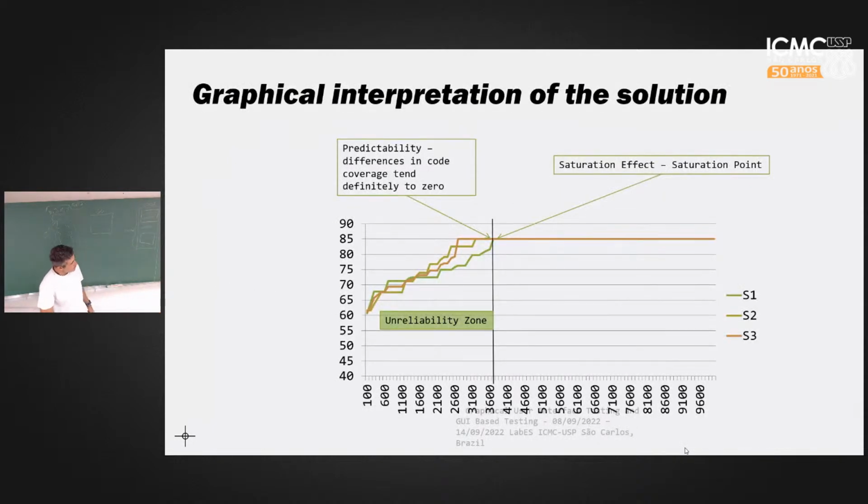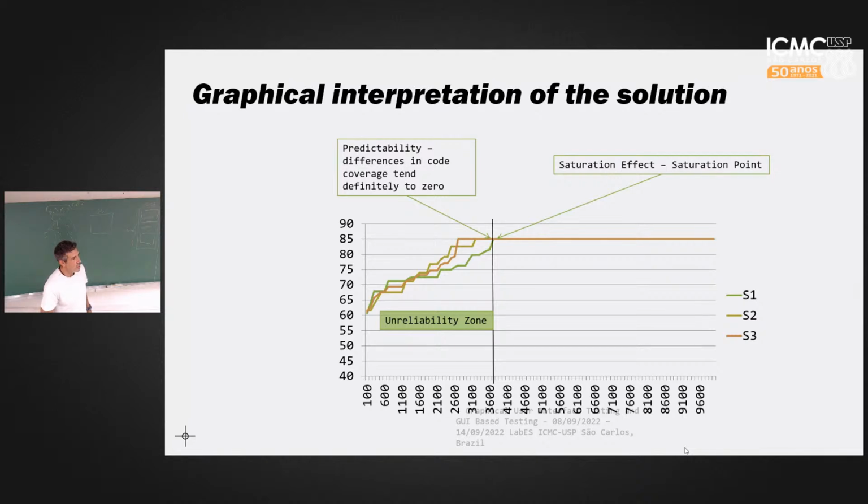So if you see here, this is our process. We run 3 sequences. In this case, we call this a reliability zone, because as a tester, this zone is not reliable, because it depends on the choice of the tester.